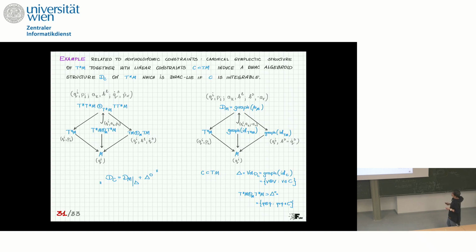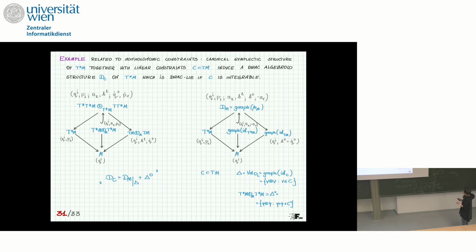I take, first I take this C and restrict my velocities only to this C. My initial Dirac structure is such that here I have the graph of a symplectic form. So I have here whatever covector, and here I have only vectors, it is written here, sorry.